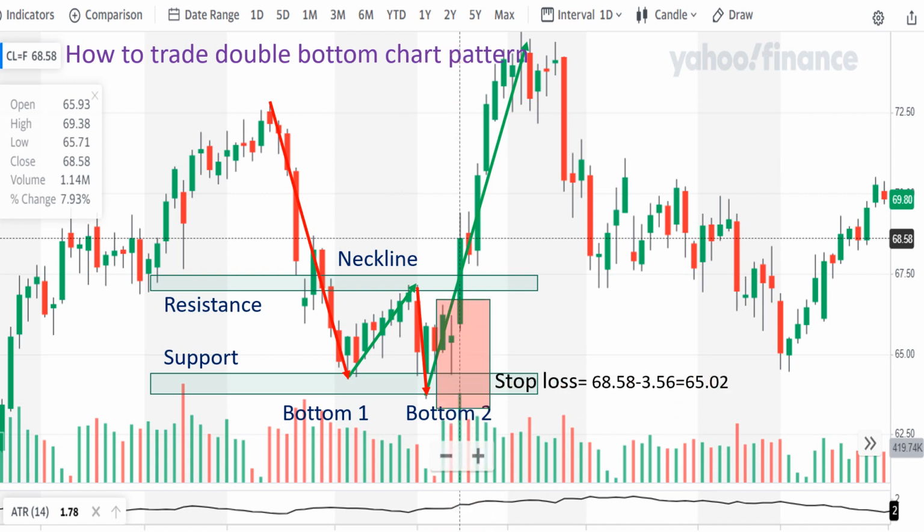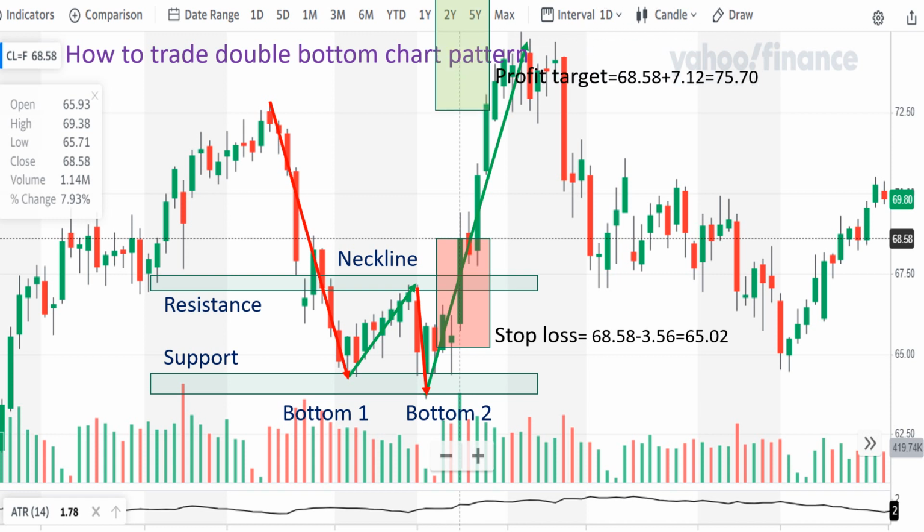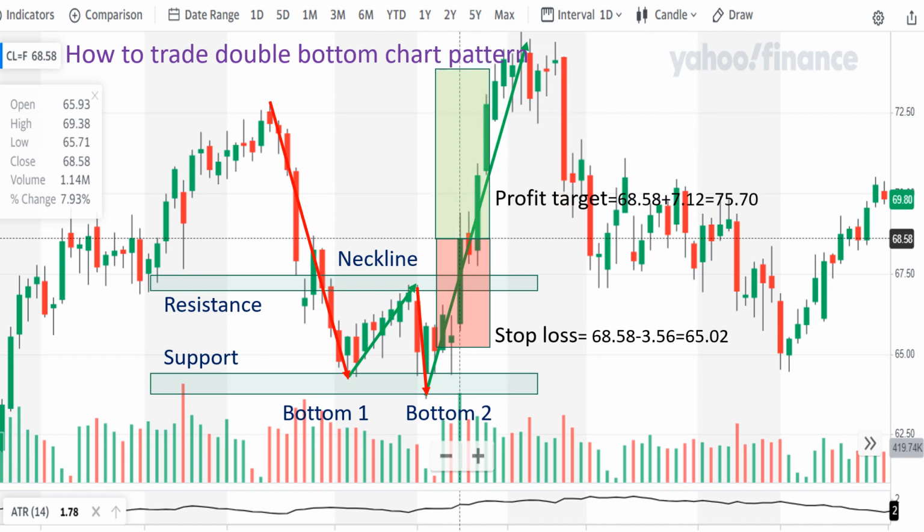So this is our stop loss and this is our profit target. That's how we can trade double bottom chart pattern.